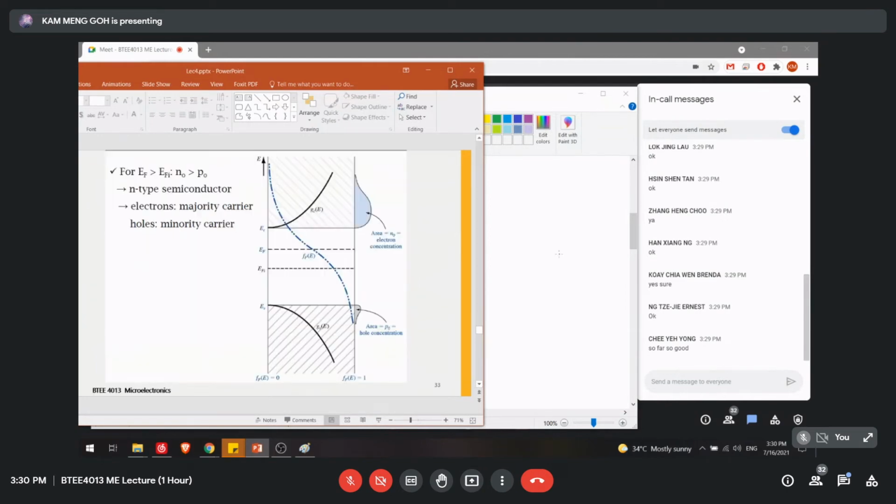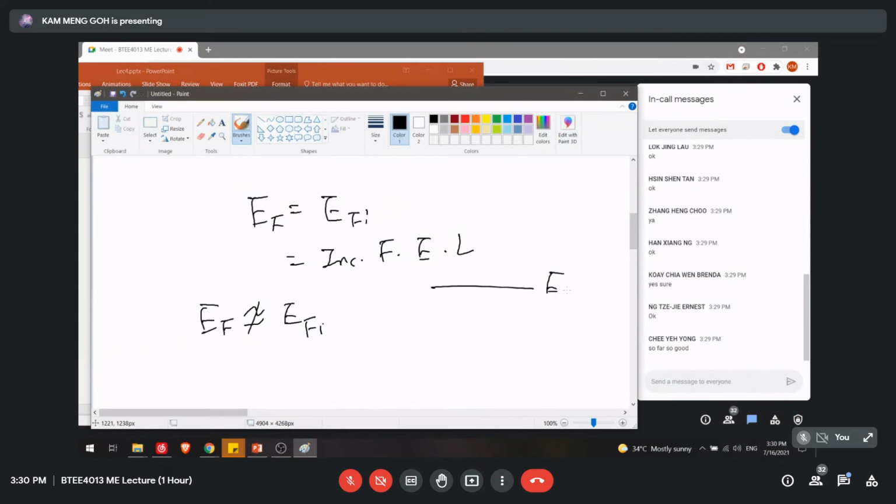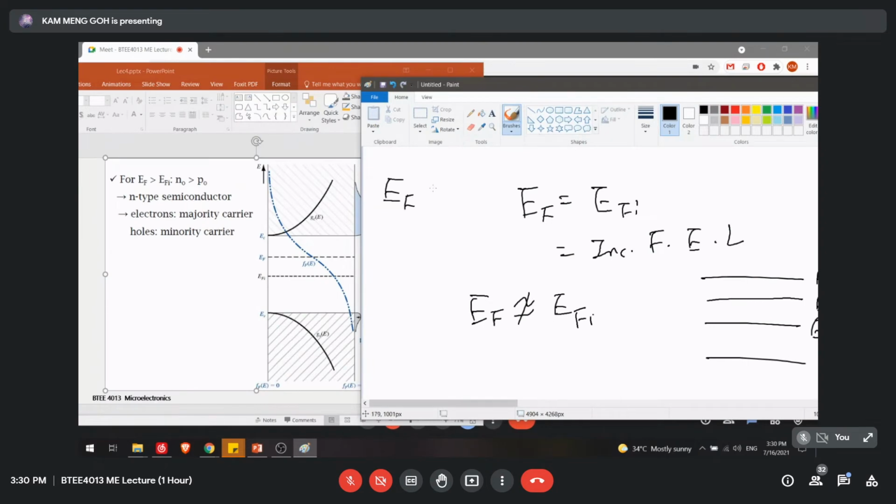How is it going to change? Let's say your EF is more than the EFI. For example, in this diagram, you see EV, EFI somewhere around here, and your EF somewhere around here. If your EF is more than the EFI, which means your n0 must be more than the p0. n0 more than p0 means the electrons will be more than the holes.